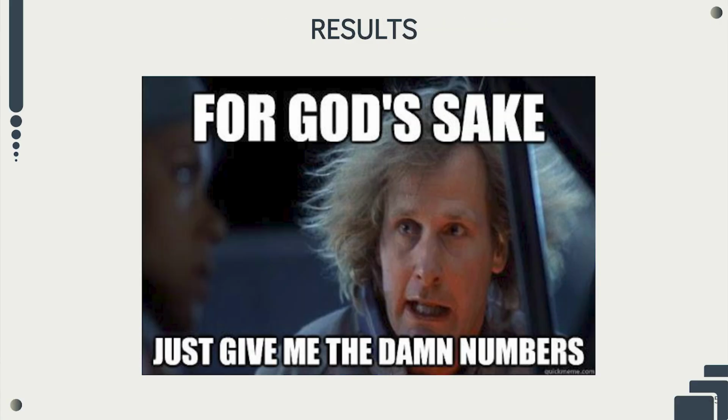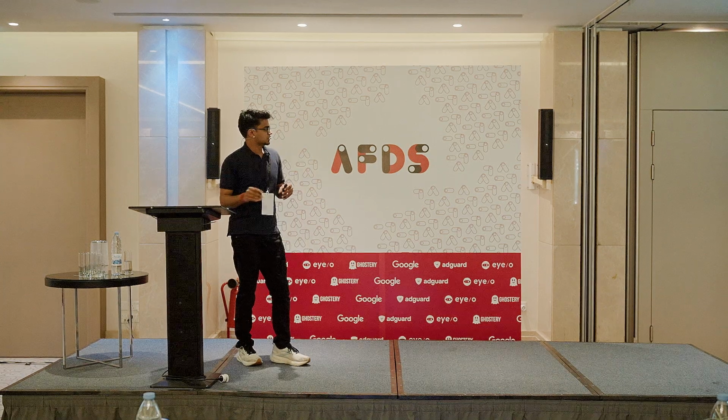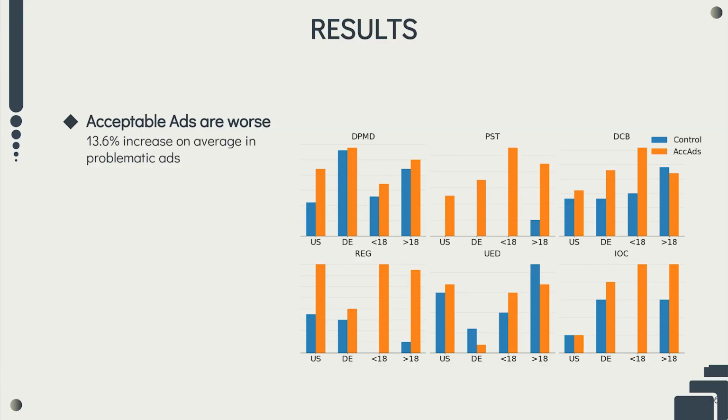So where are the numbers? Okay, so the first result is we find that across the 6 categories, there's a 13.6 increase on average in the problematic ads. And this is also varying across different categories. So if we see the dark patterns or deceptive practices, the acceptable ads still perform closely with the usual ads.